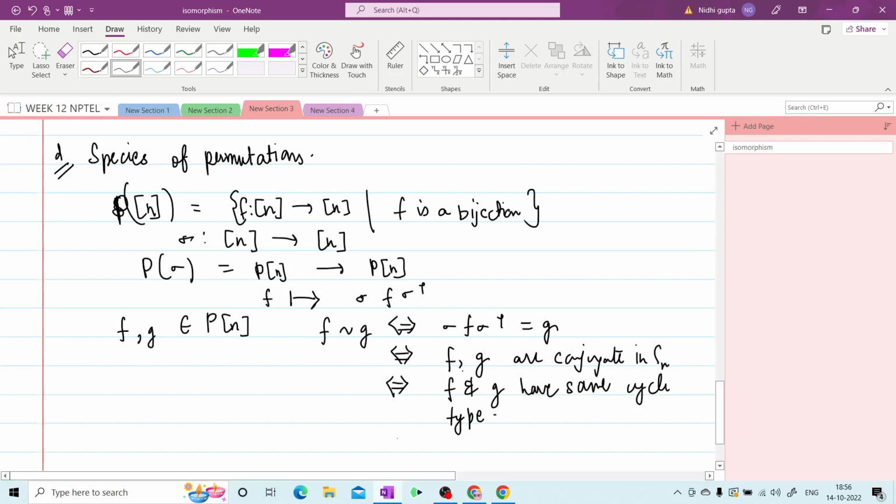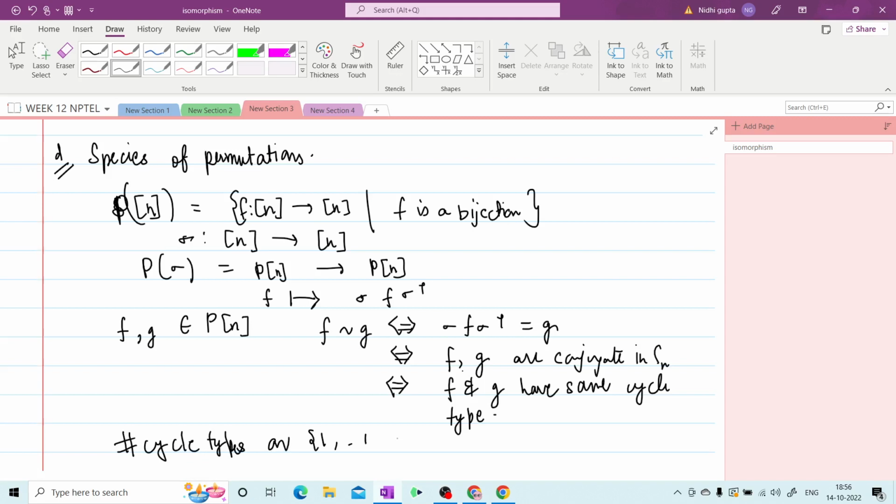We also saw that the number of cycle types on Sn was the number of partitions of n.